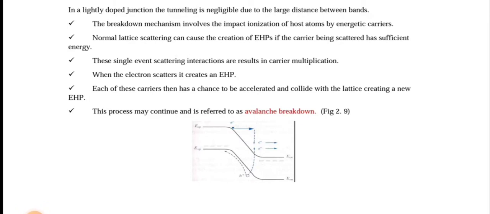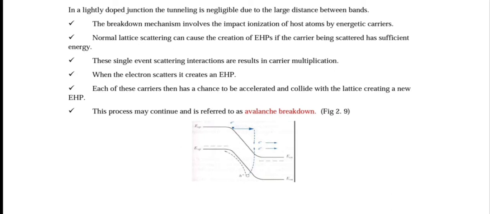Now see this figure. Here you can see a PN junction, and the figure shows electron hole pairs created by the impact ionization or avalanche multiplication process. The figure shows a band diagram of a PN junction in reverse bias, showing a primary electron gaining kinetic energy in the field of the depletion region and creating a secondary electron hole pair by impact ionization.